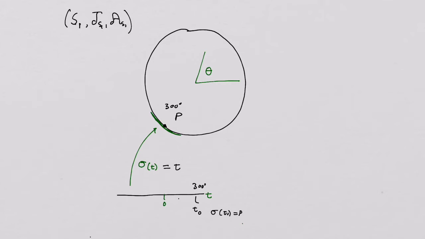Now, the point is that despite the fact that I only have one possible trajectory, I still have many possible curves. The reason is that I could do this again, and instead of calling the parameter t, I'd call it s, and I'll call it a different function, sigma of s, maybe equal to 2s.